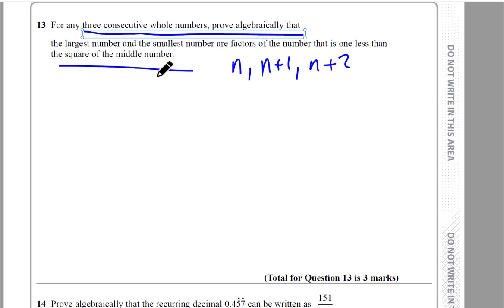So, the largest number and the smallest number are factors of a number that is 1 less than the square of the middle number. Right. So let's just work out the square.